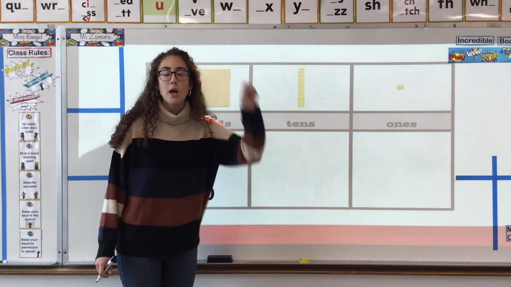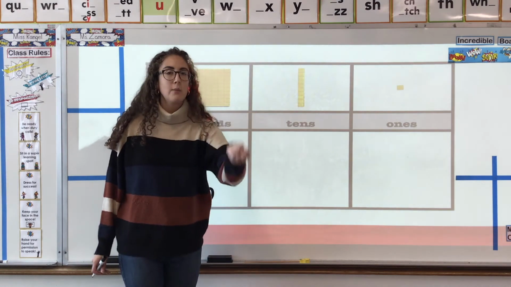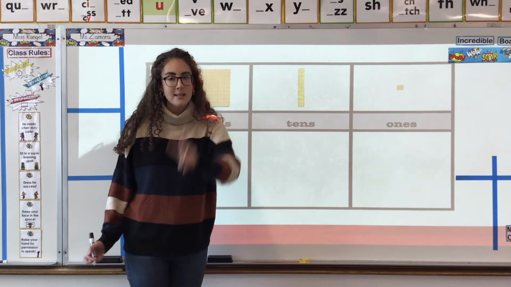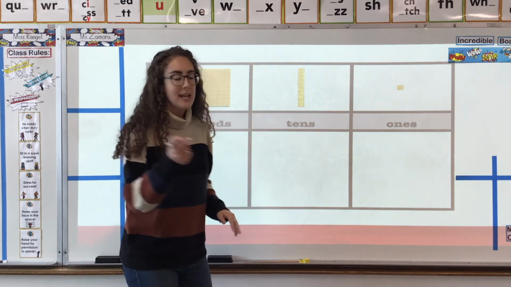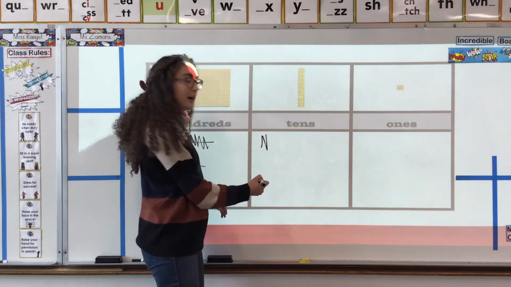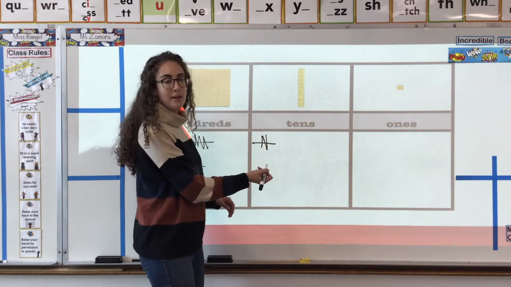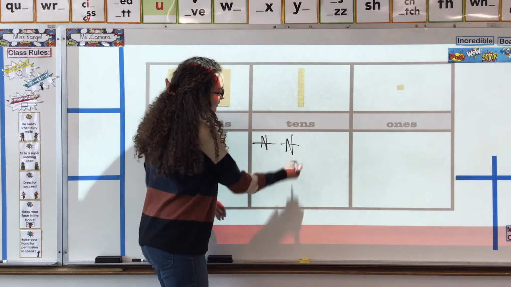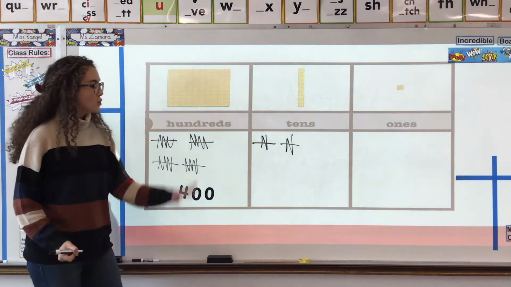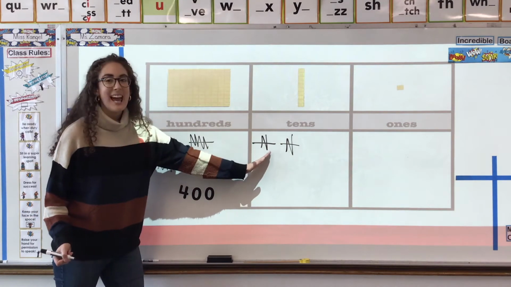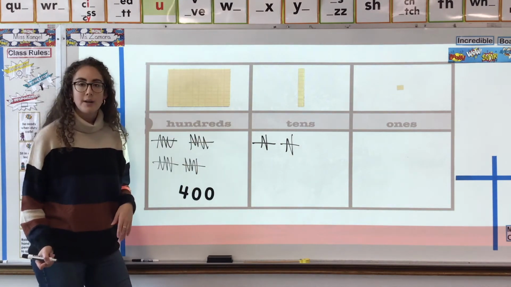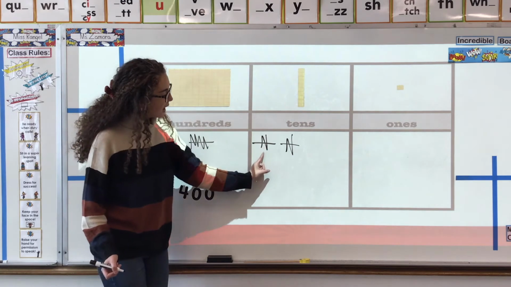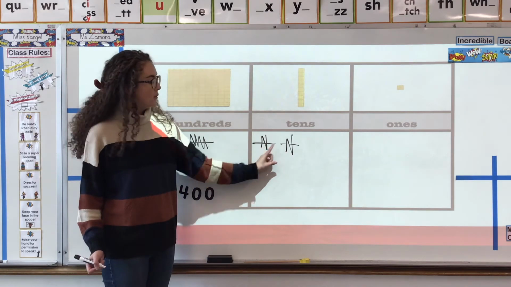I want us to draw 2 tens. And all we're going to do to draw a 10 is up and down and a line through it. That's a 10. Up and down and a line through it. So we can really show that a tens is smaller than 100. So I need everyone to draw 2 tens. We have 2 tens.